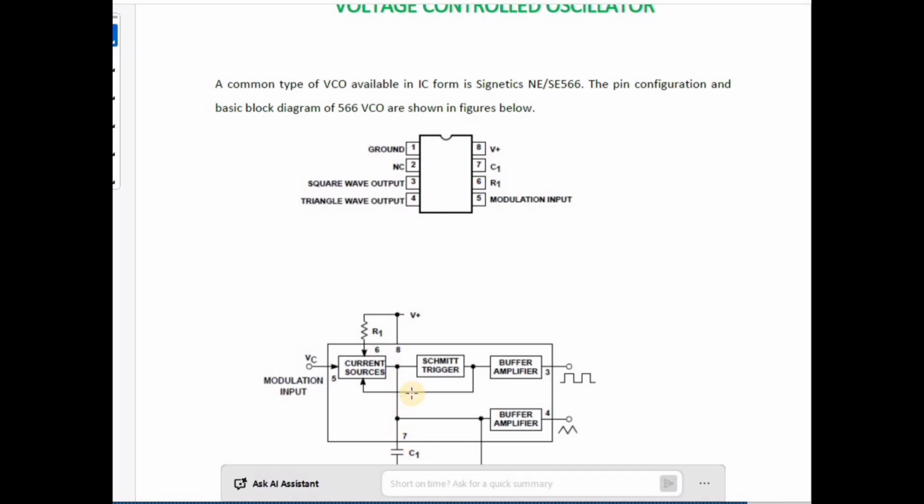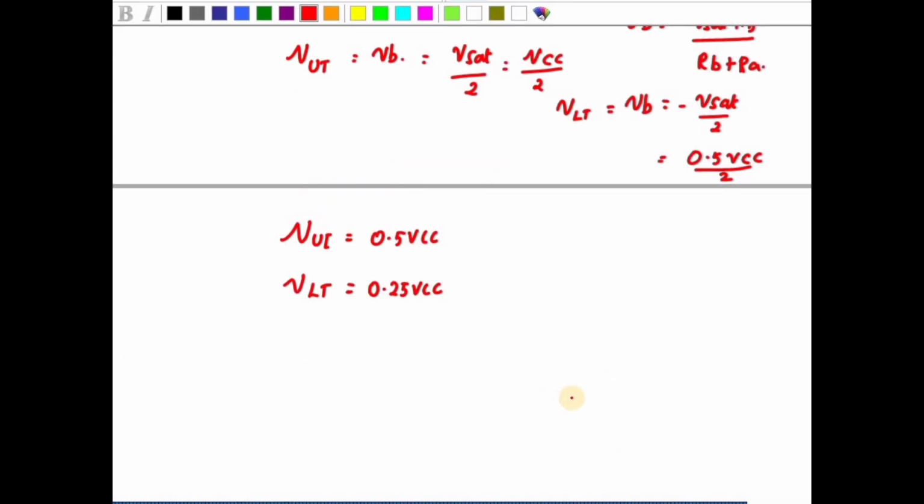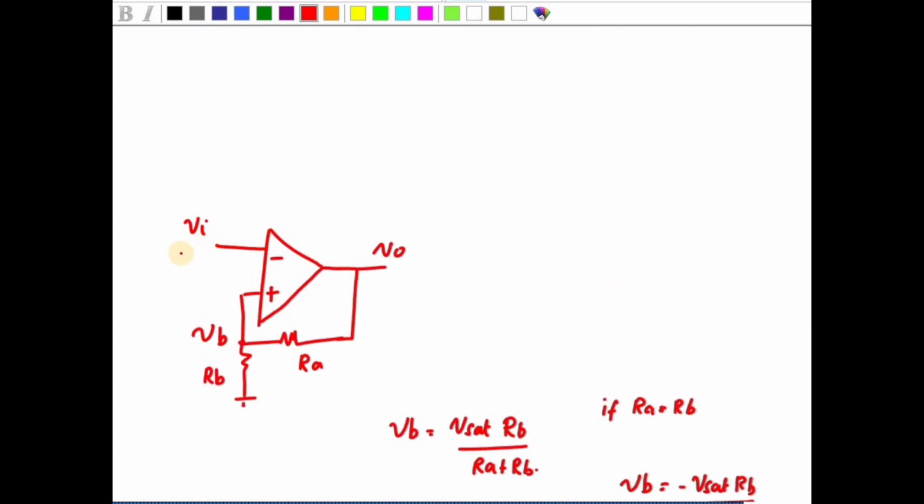If the capacitor voltage is charging beyond the VUT value, so V minus is greater than V plus, you will get the output V naught equal to minus V saturation.